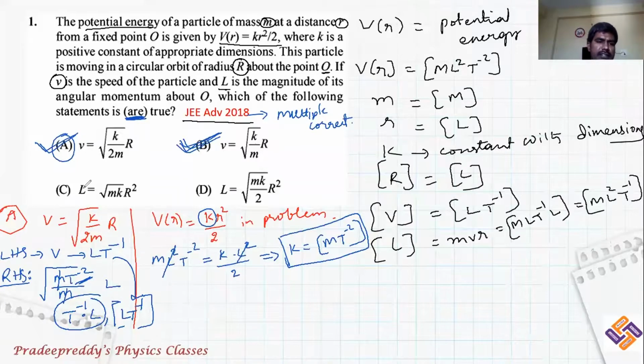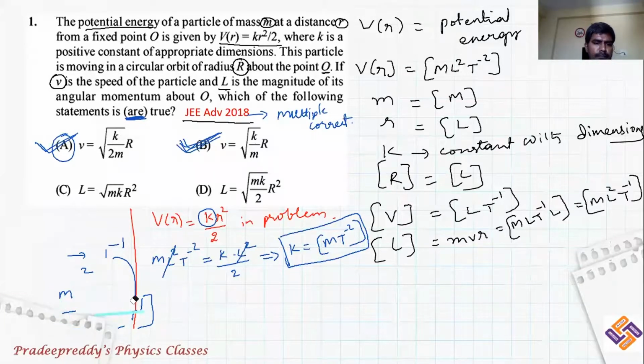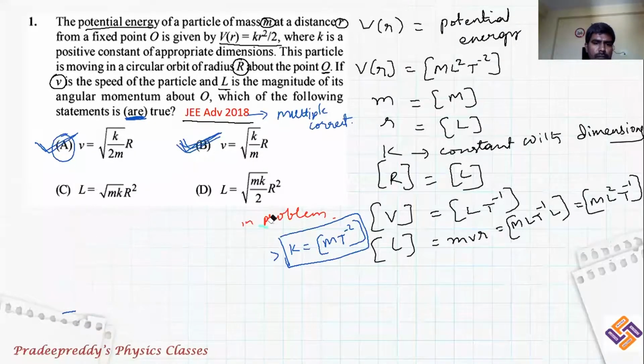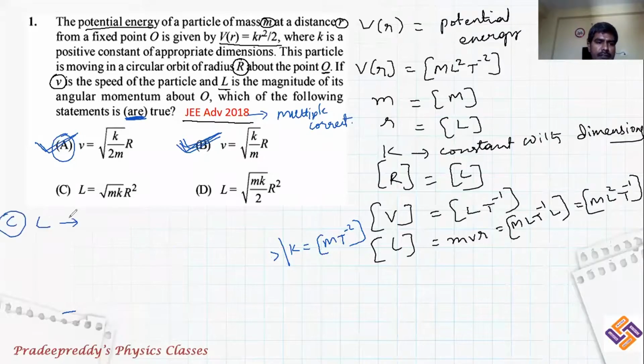Now check equation 3. Now coming to third one. L is angular momentum. Capital L is angular momentum. Angular momentum has dimension m L square T power minus 1. That is the left hand side. Next, right hand side, what do you have? Root mk into r square.